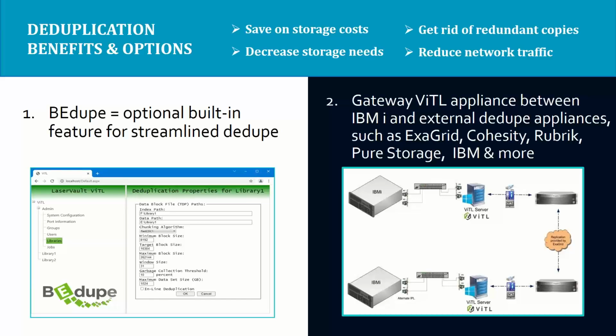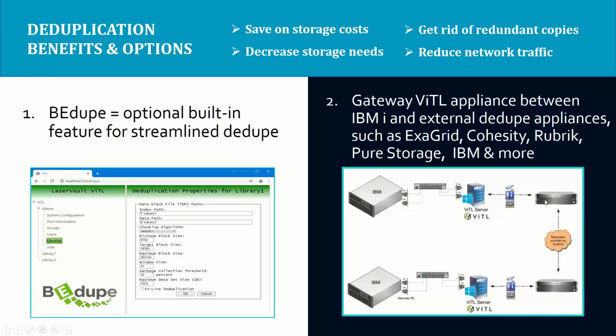Also want to talk about the gateway solution appliance, which you can use to write to optional storage options like Exagrid, Cohesity, Rubrik, Pure Storage, IBM's Data Protect. Also many options available where we're writing data directly through the VTL server as a gateway to that storage.